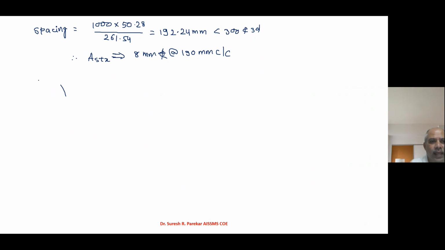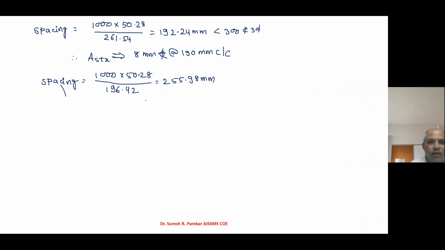And then we have AstY. Now we have spacing equal to 1000 into 50.28 divided by 196.42, and we get this value as 255.98 mm.